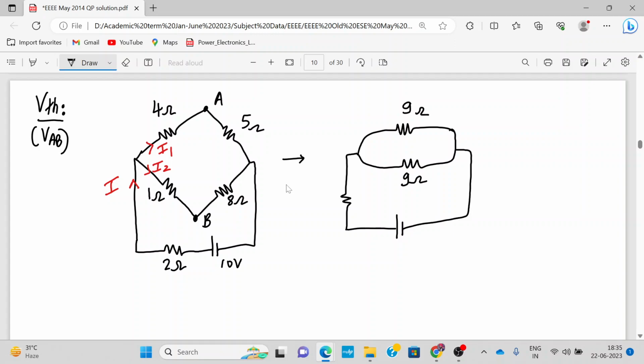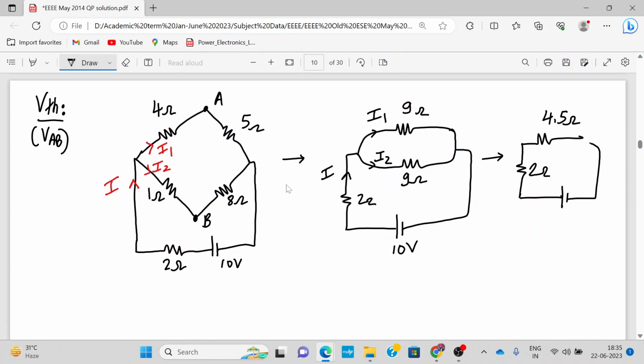This is the scenario, right? This is I, this is I1, this is I2. This is 2 ohm and this is 10 volt. 9 ohm and 9 ohm in parallel becomes 4.5. Half, na? Same resistance become half. This is 2 and this is 10 volt.